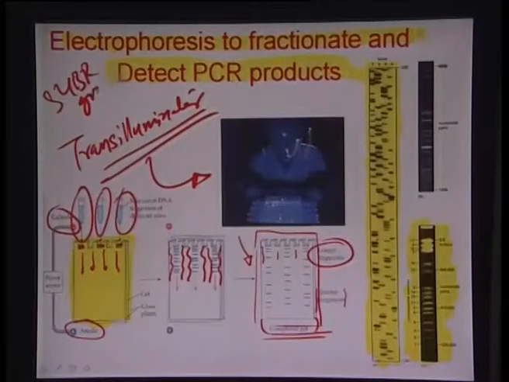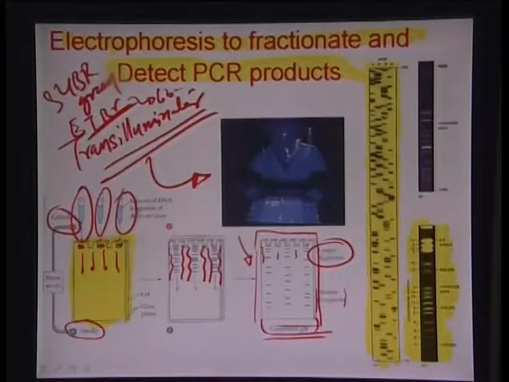The two most commonly used dyes are SYBR Green and ethidium bromide, EtBr. EtBr has an emission in the range of about 620 nanometers plus minus 10 nanometers, and essentially this appears pink in color. So the fluorescence developed is pink fluorescence, and SYBR Green on the other hand is more towards the green wavelength.